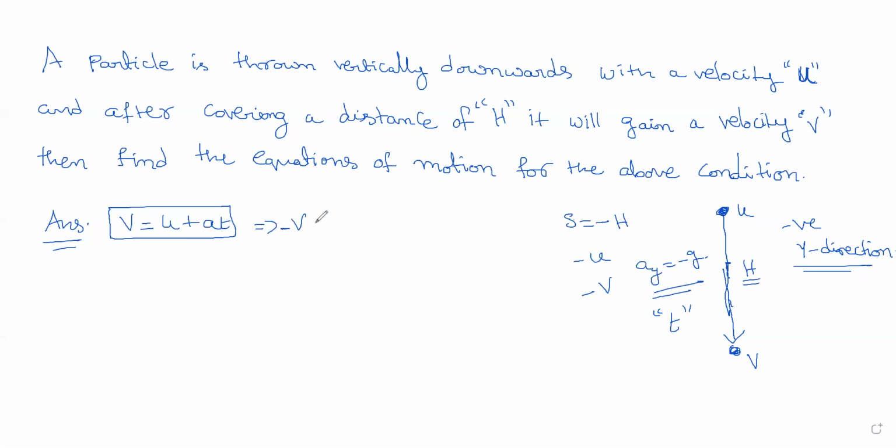So minus v is equal to minus u minus g t. Removing all the negative signs, we get v is equal to u plus gt. Equation 1.